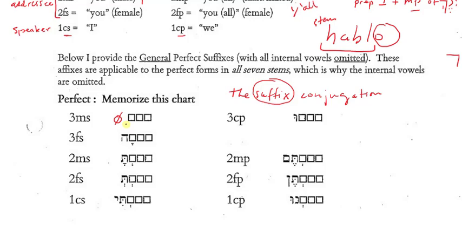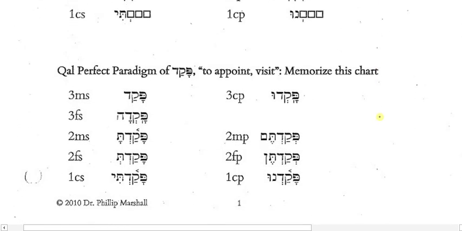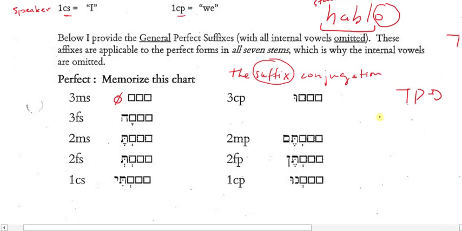The boxes here represent three what in Hebrew? Yeah, any three consonants. So, if I choose a consonant sequence like Pei, Kof, Dalet, we'll go with the shorter word, visit.